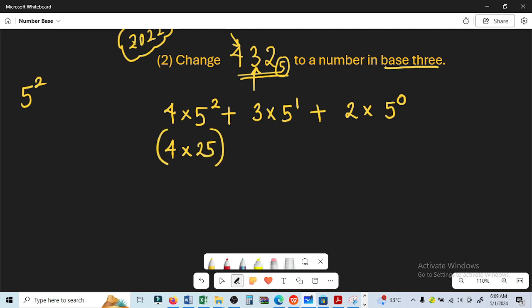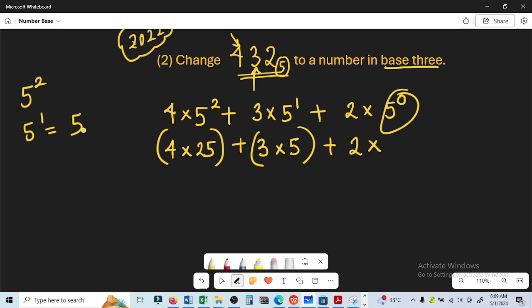And then I put it in bracket, and then this is plus, and then this is 3 times 5 raised to the power of 1. It means 5 is just appearing one time. So that's 5. Put it in bracket, plus, now this is 2 times, again, we said in indices, anything raised to the power of 0 is 1.